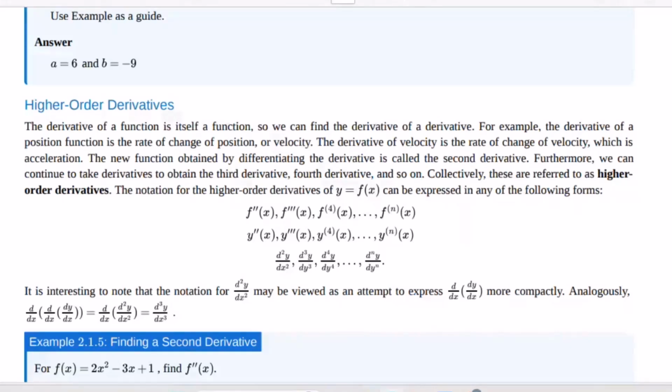Remember, when we get the first derivative of a function, we say f prime of x is equal to f of x plus h minus f of x all over h as h approaches 0. Now, the second derivative is f double prime of x, okay?